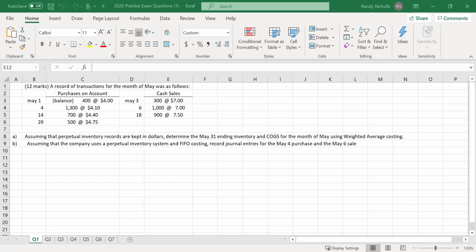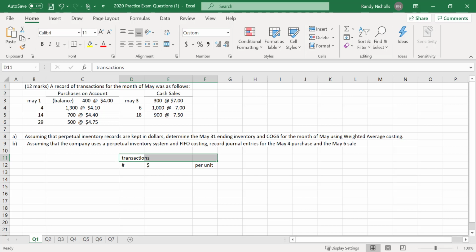So weighted average, I need to do this table that I had gone through, and you can just stick it anywhere here if you're answering on Excel. I'm going to track all my transactions, and the order of these don't really matter. I've got a number of units, I've got total dollars, and I've got per unit.